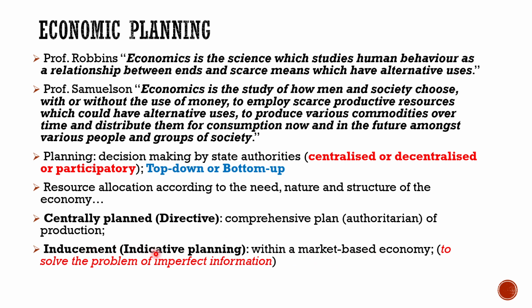We generally take indicative planning as a solution to the problem of imperfect information, because many times the central government may not have perfect information about the market, so we use the market as a tool and just indicate the planning, not actually authorize everything every time.